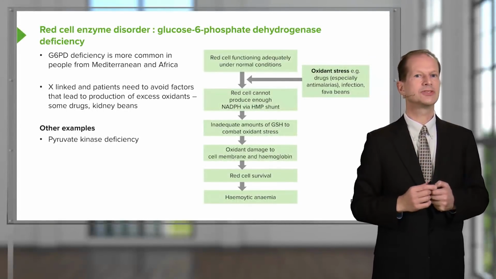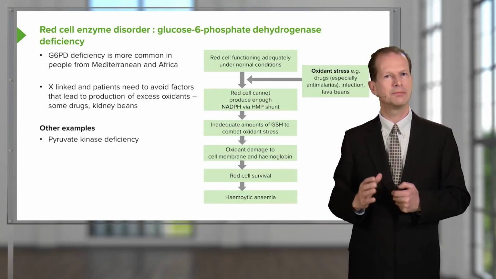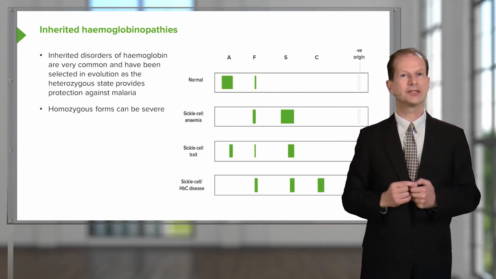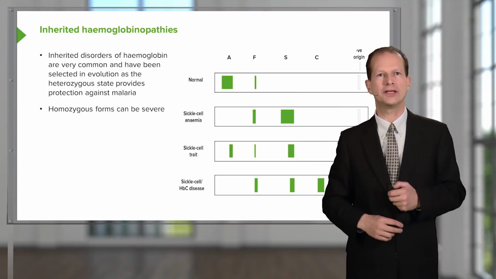Another enzyme disorder is pyruvate kinase deficiency. Again, a similar but rare disorder. Finally, the third inherited cause of hemolytic anemia, inherited hemoglobinopathies.